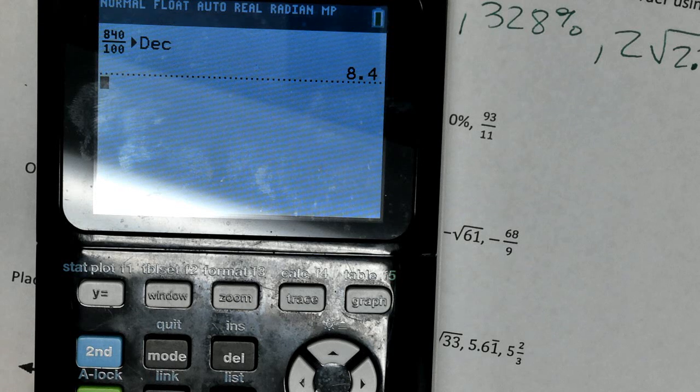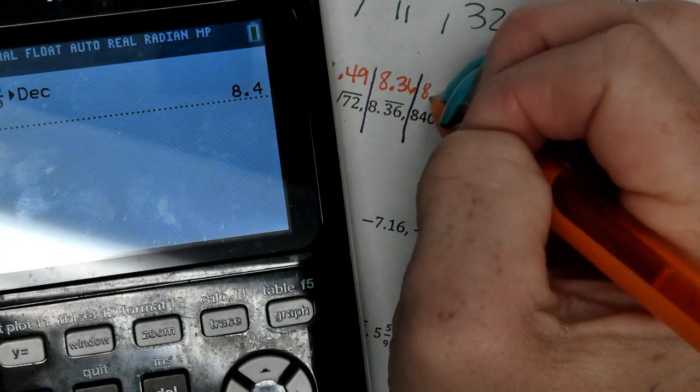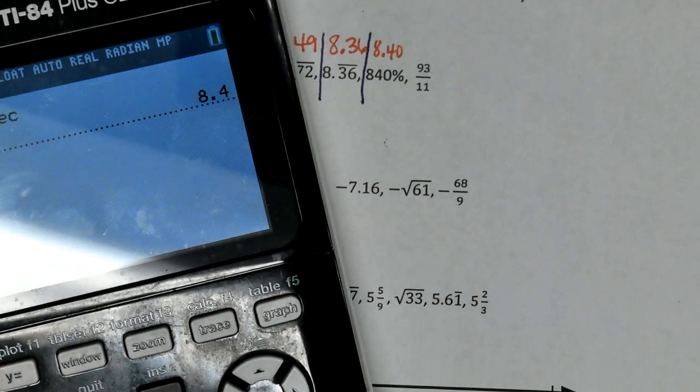No. That does not look like money. So how can I make it look like money and not change the value? Add a 0 at the end. It is now $8.40, not 4 pennies. So $8.40.